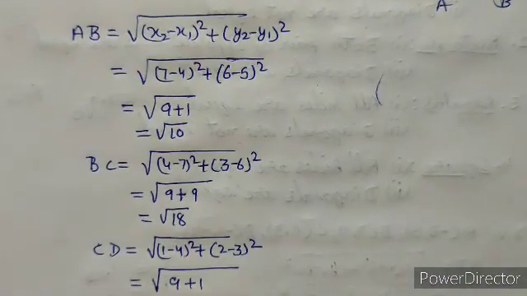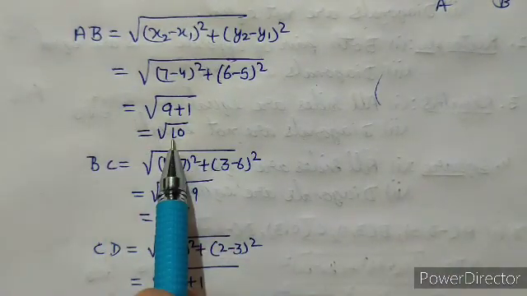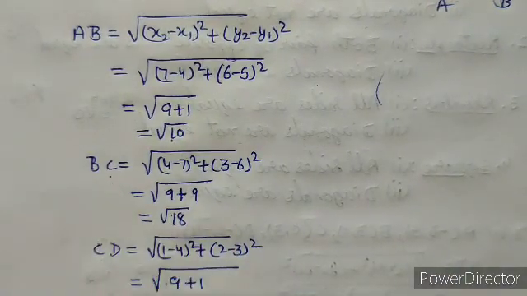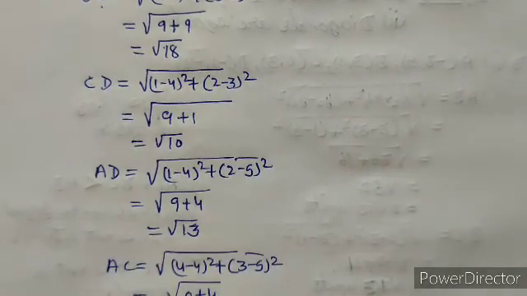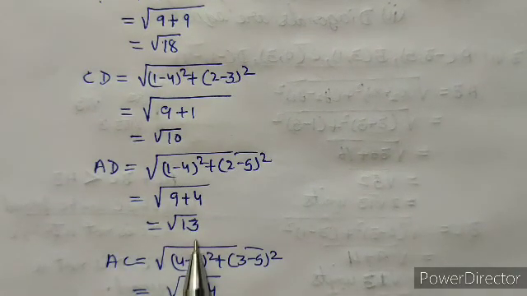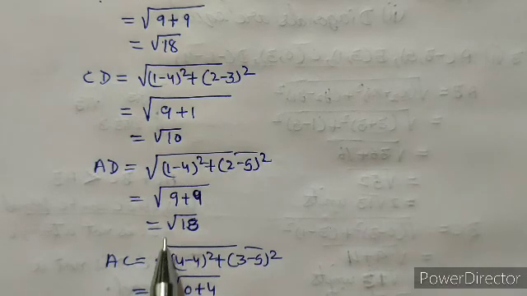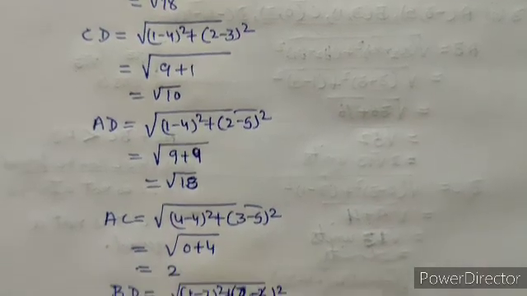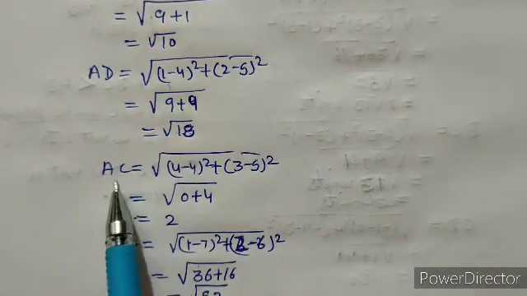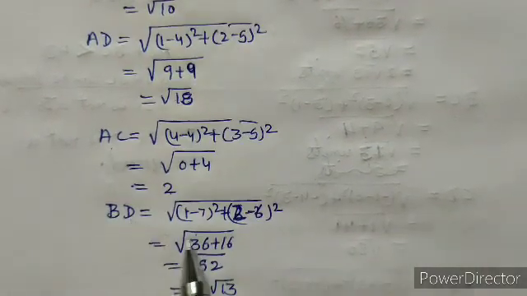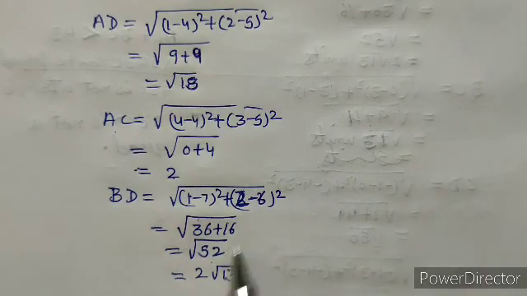Here we are getting side AB as root 10 units, BC as root 18 units, CD as root 10 units and AD as root 18 units. Diagonals AC is equal to 2 units and BD is equal to 2 root 13 units.